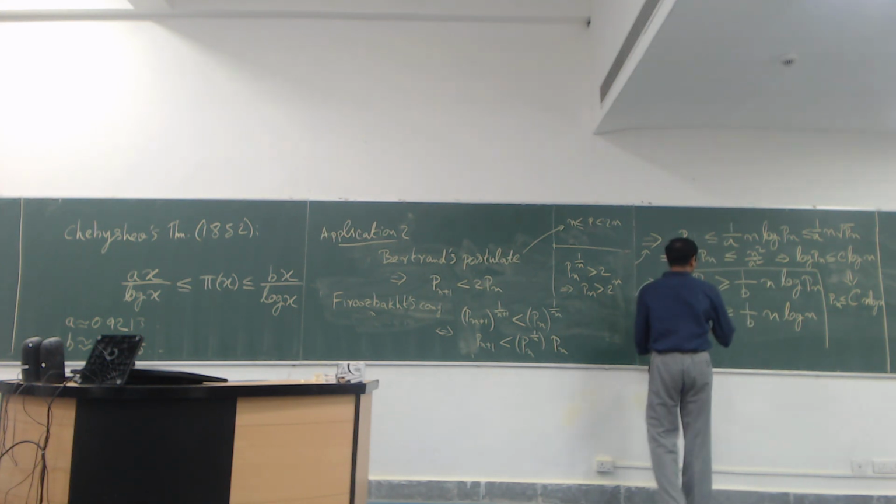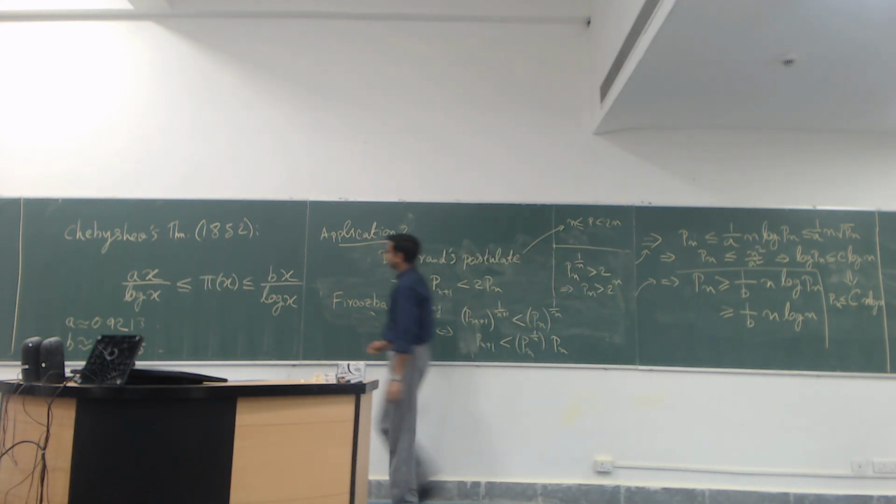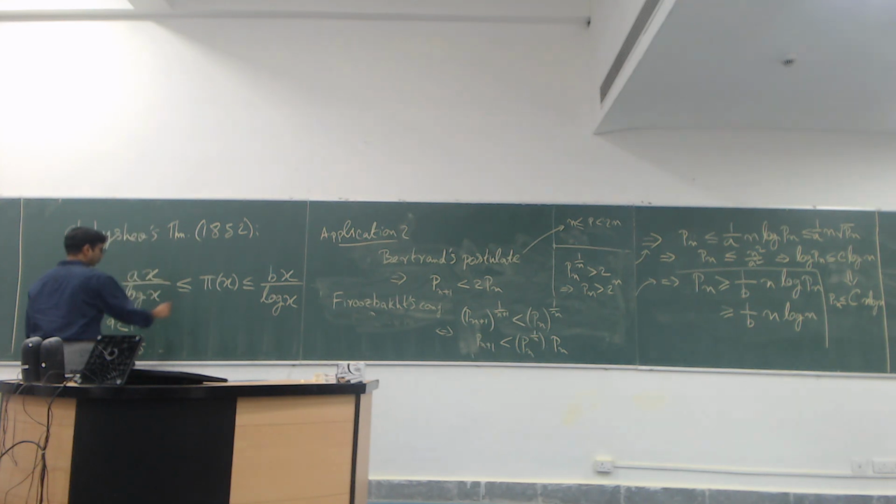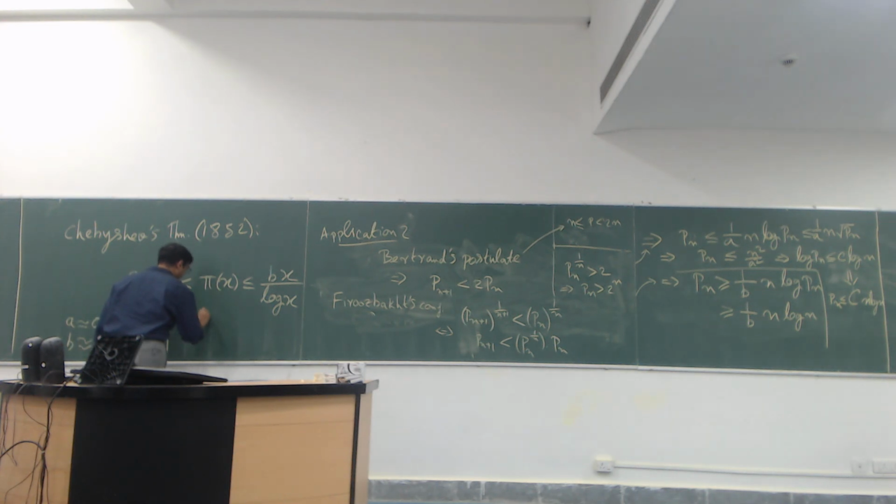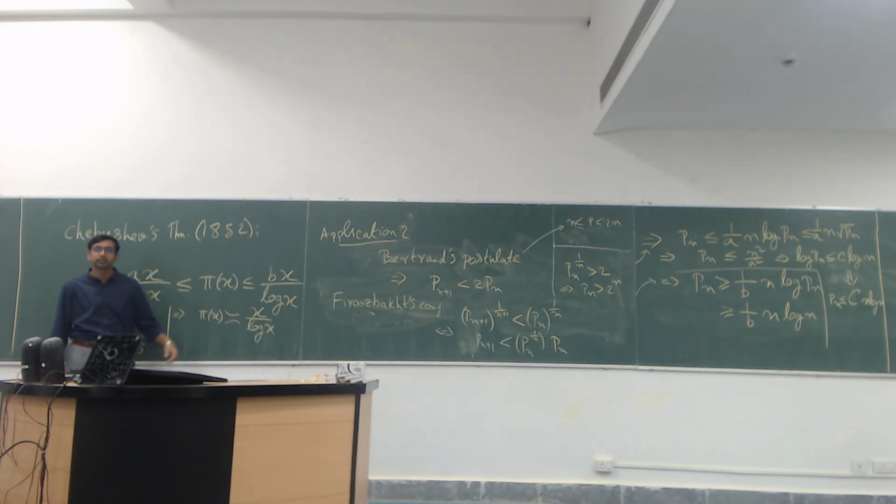Actually, for this type of relation, there is an important notion. We also write this in this manner: f(x) is asymptotically equal to x by log x. This means that it is bounded from above by some constant times x by log x and bounded from below by some constant times x by log x.